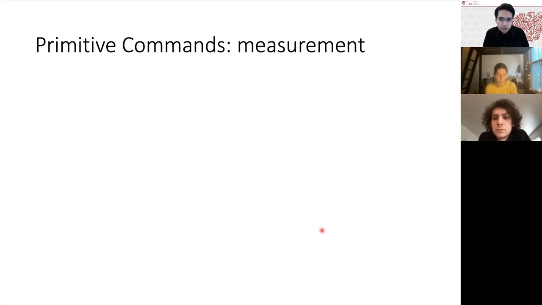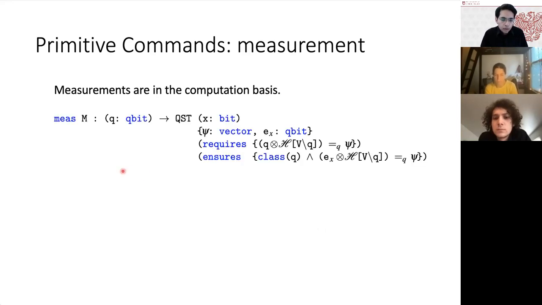Next comes the measurement rule, which is a little more interesting. Our assumption is that measurements are always in the computational basis, that is ket 0 or ket 1. The rule goes like this: it obviously takes a qubit as input and returns a bit as output, again with the effect type QST.